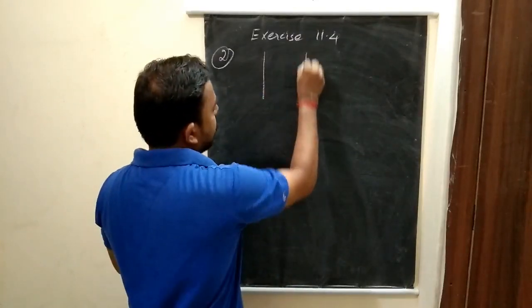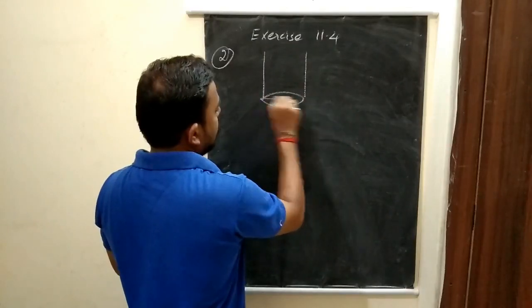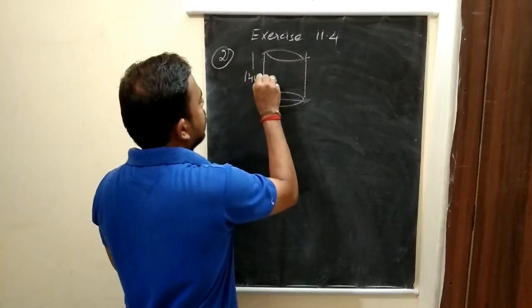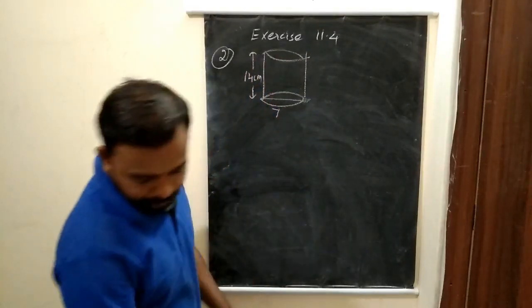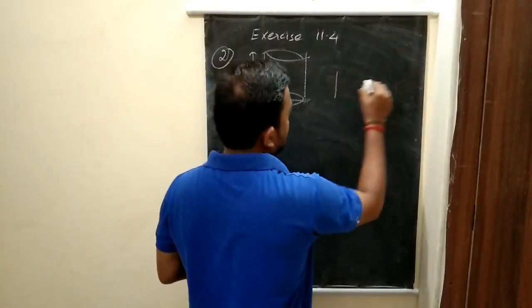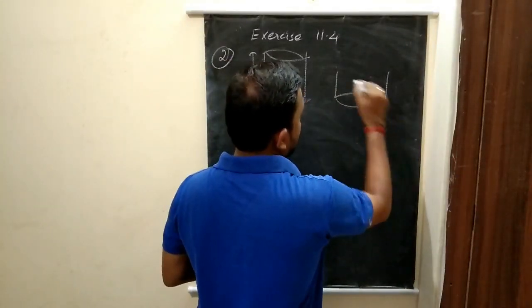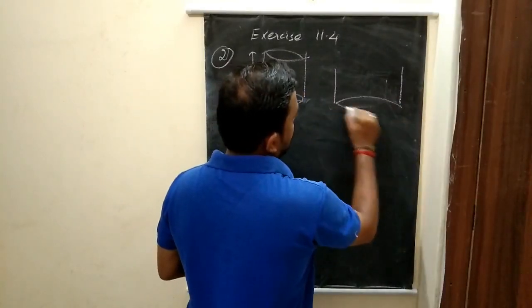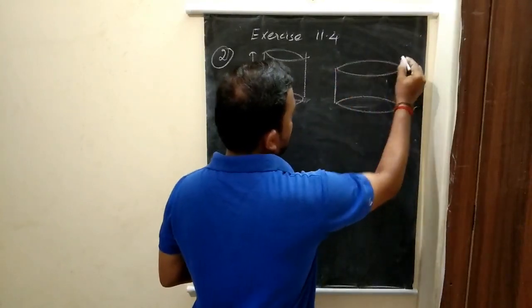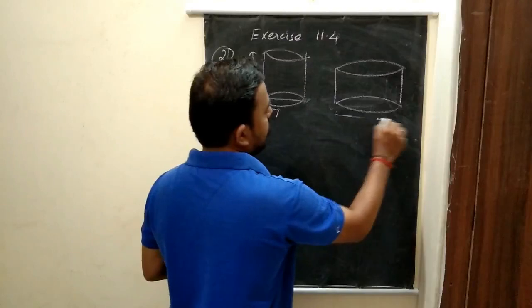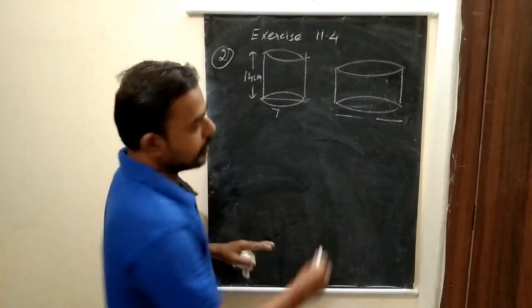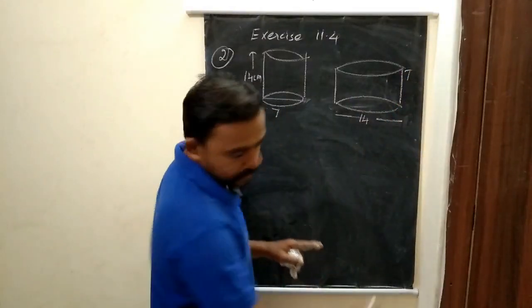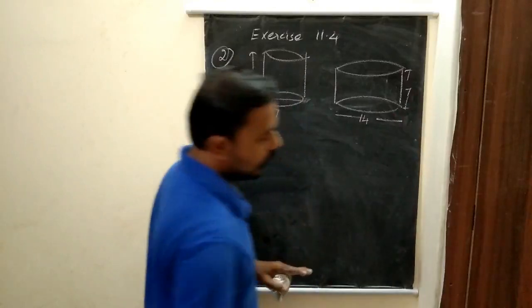And for the second one, cylinder B, the diameter is 14 and the height is 7.